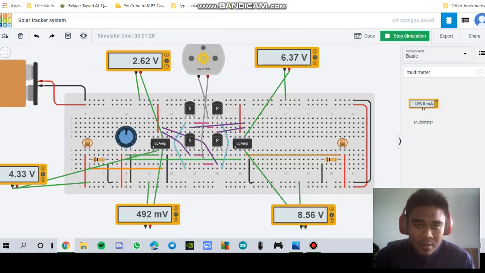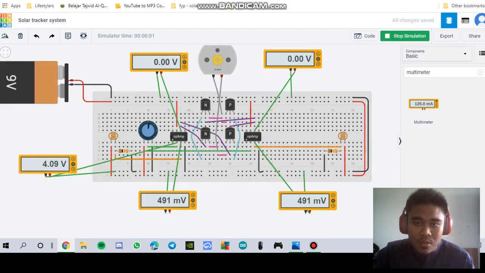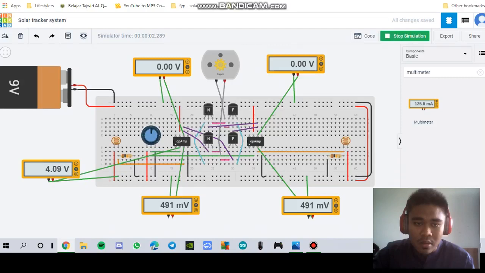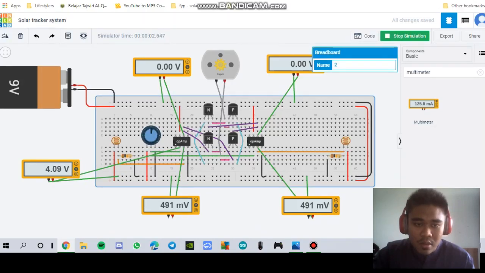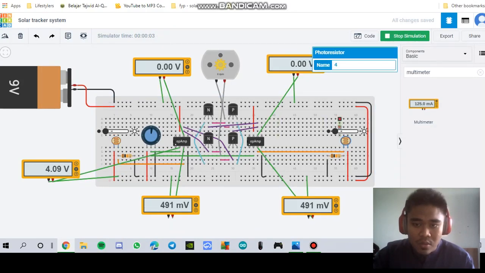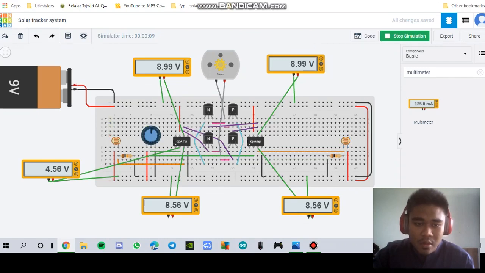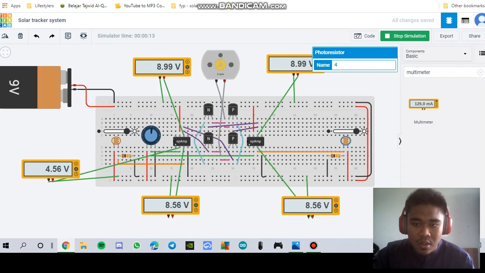Let's see. This is mode 3, when LDR1 and LDR2 are both in the low condition, and this is mode 4, with LDR1 in the high condition and LDR2 also in the high condition.